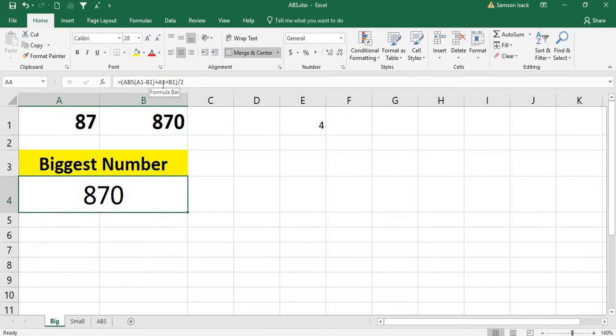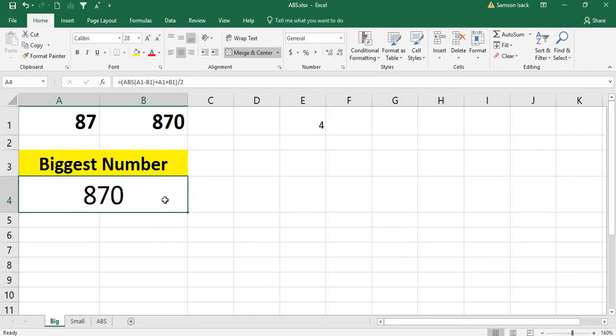The a plus b will give you the addition, and the a minus b difference will give you double a. If you add the difference with the b, it will also become a. So a plus a, 2a is coming. So if you divide by 2, you will get a. That is the biggest number.